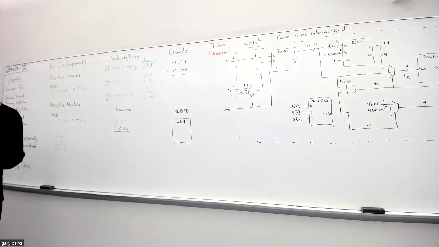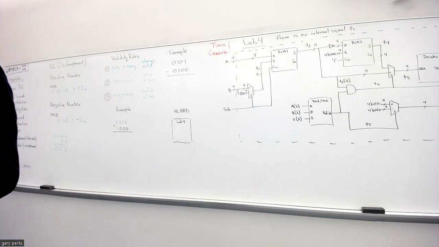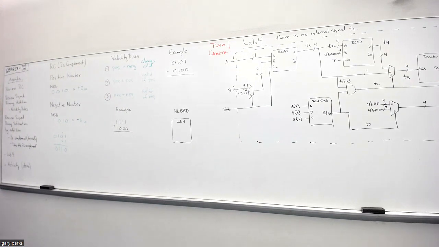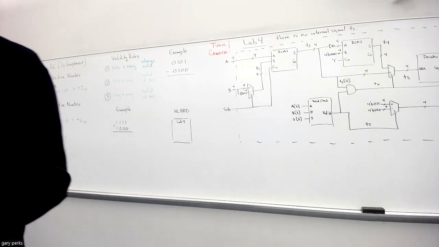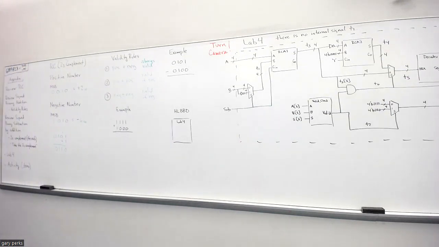Remember, we also talked about last class that another way to think of whether your result is valid or not is looking at your result and seeing if it's within the range that you could possibly have based on that number of bits. Do you remember the range for 2's complement if it's 4 bits? That was on the handout that I gave you on Tuesday.